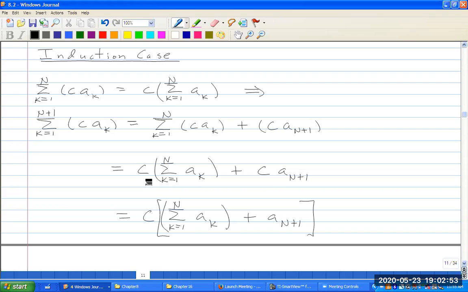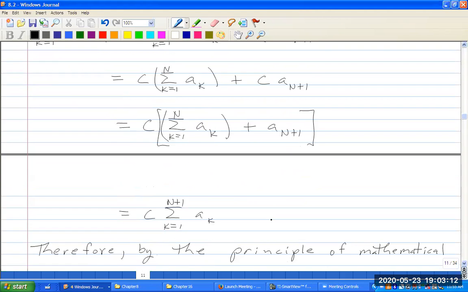Now I look and I see that these terms have the same common factor, c. So this is c times the sum k equaling 1 to n, a sub k plus a sub n plus 1. But this is the same as the sum k equaling 1 to n plus 1 of a sub k.